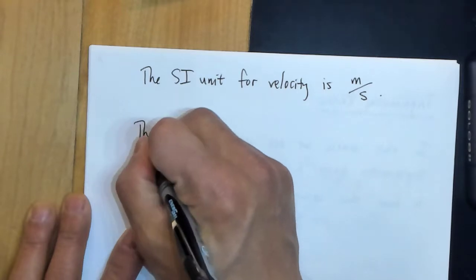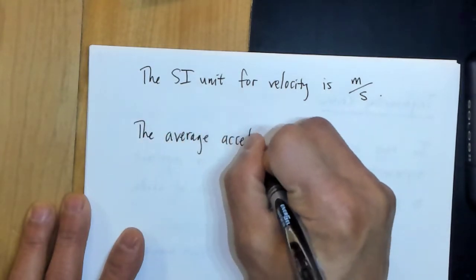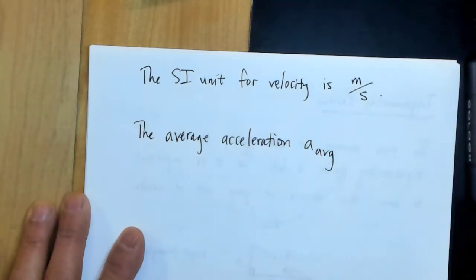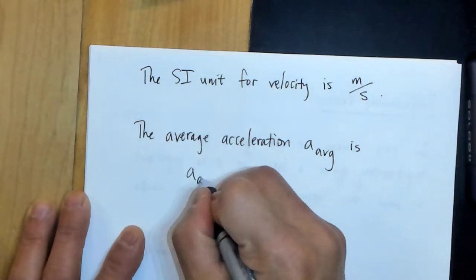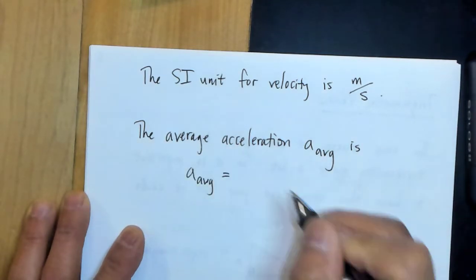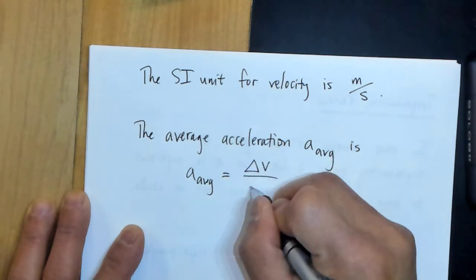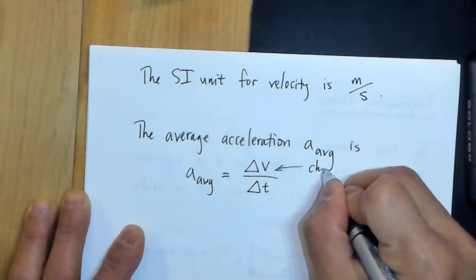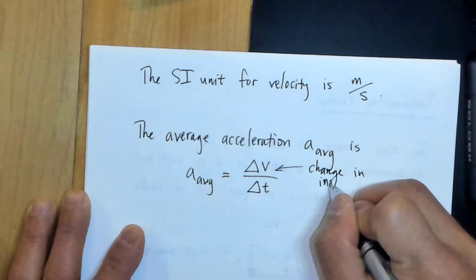Let's define the average acceleration, a sub avg. It is defined as a sub avg equal to delta v, the change in the instantaneous velocity, over delta t.